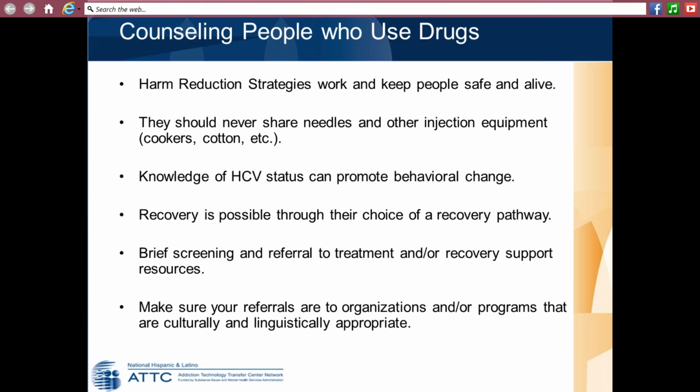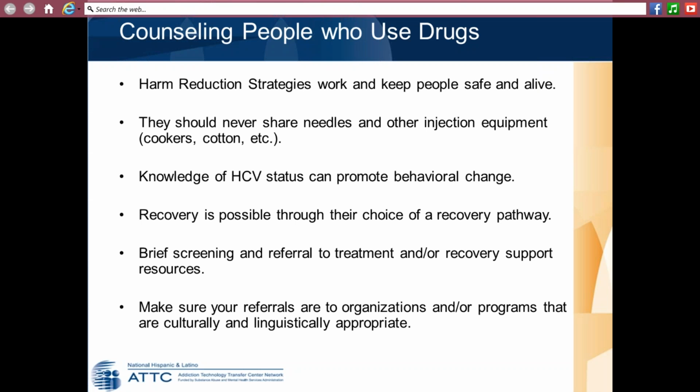There are a number of folks who get into recovery by way of the criminal justice system, including probation, parole, daily reporting, those sorts of things. And we should really explore what their recovery pathway is and encourage that and provide supportive services that support positive outcomes in their recovery.